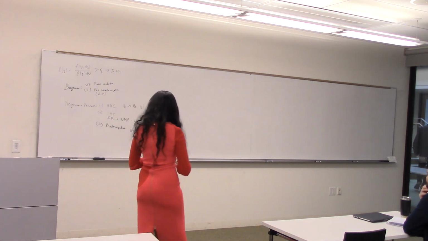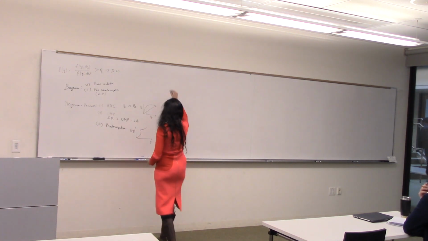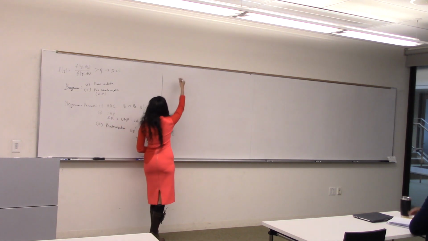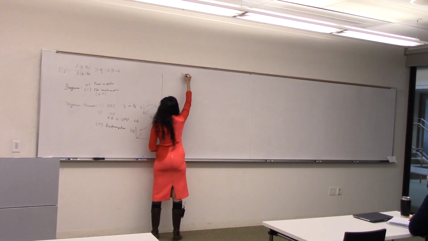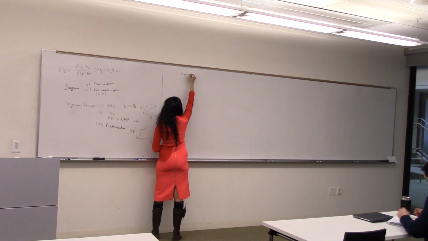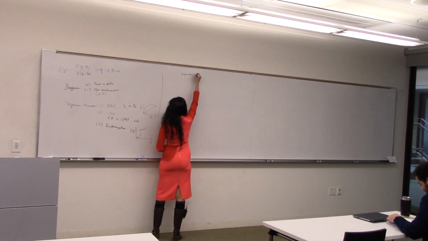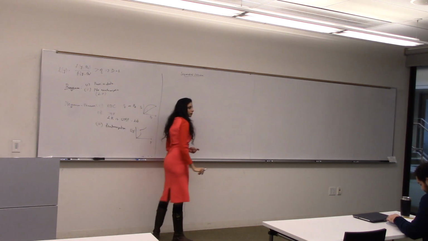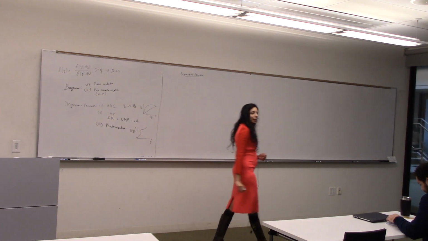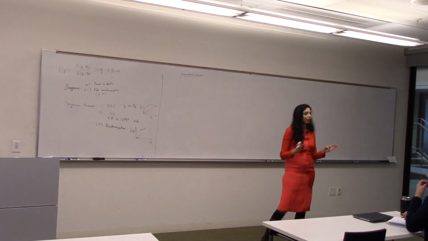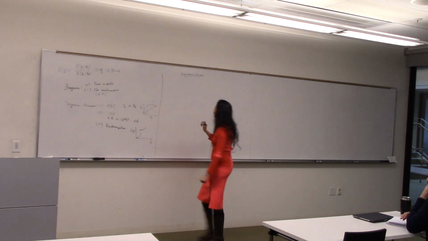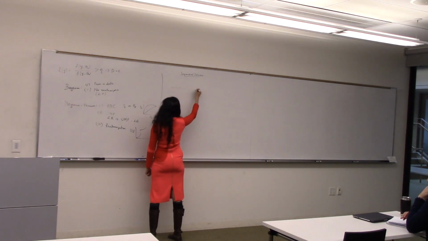Okay, and so the next aspect which we started discussing was now doing sequential detection. So the example I gave in the last class was, let's say I have two Gaussian distributions.